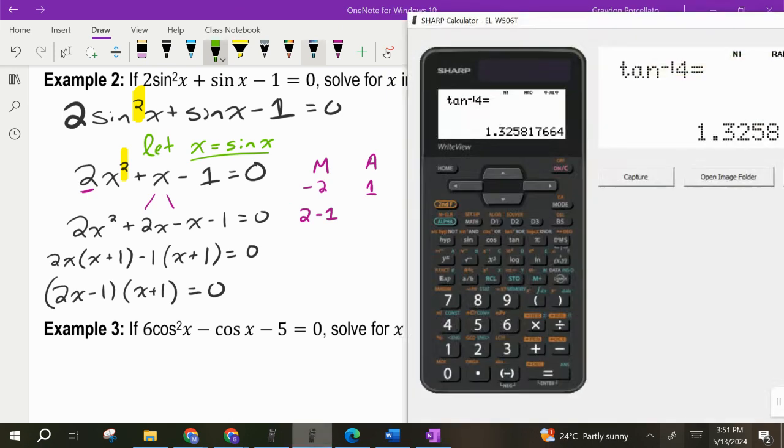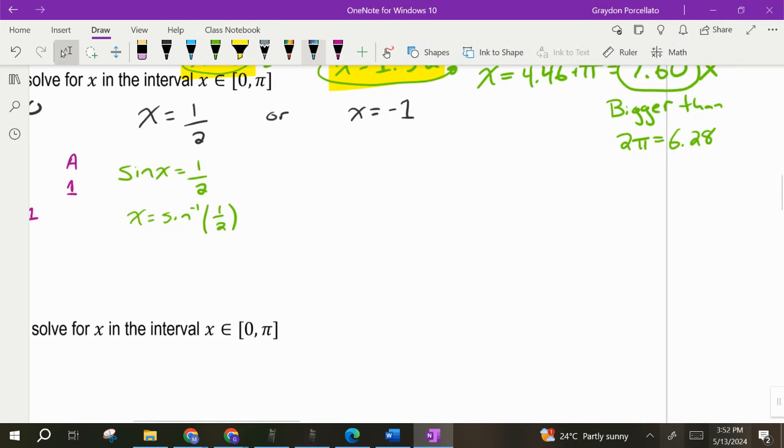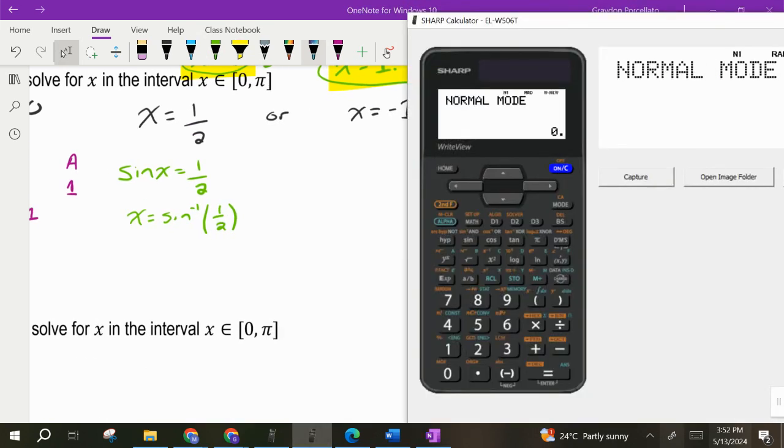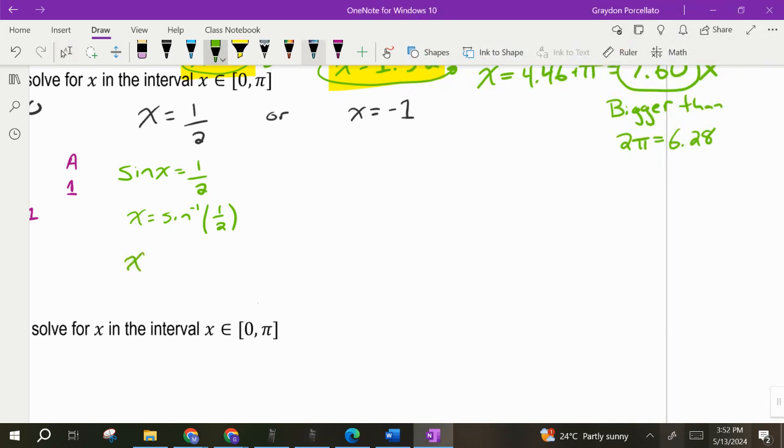I'm going to use my calculator. If you're not sure how to solve this, we need to make sure we practice this. But this is stuff from last unit. And again, depending on the calculator that you have, this can be done just like that. So that's pi over 6. Okay? So we say x equals pi over 6. You can do that using your special triangles. So that's one of our solutions.